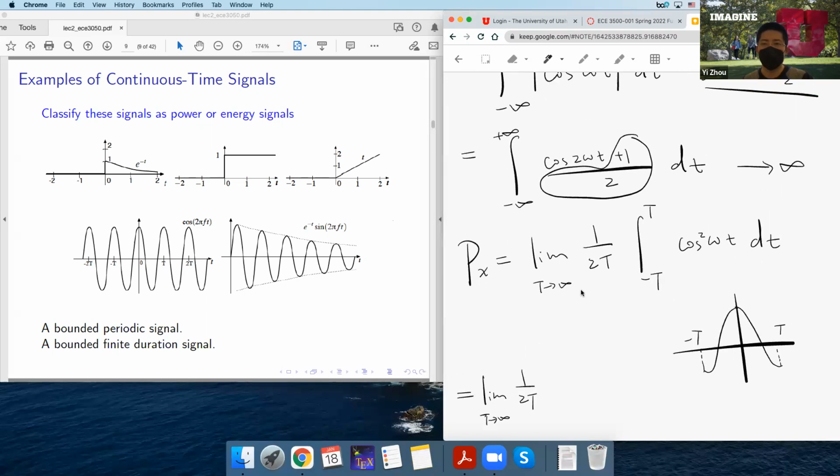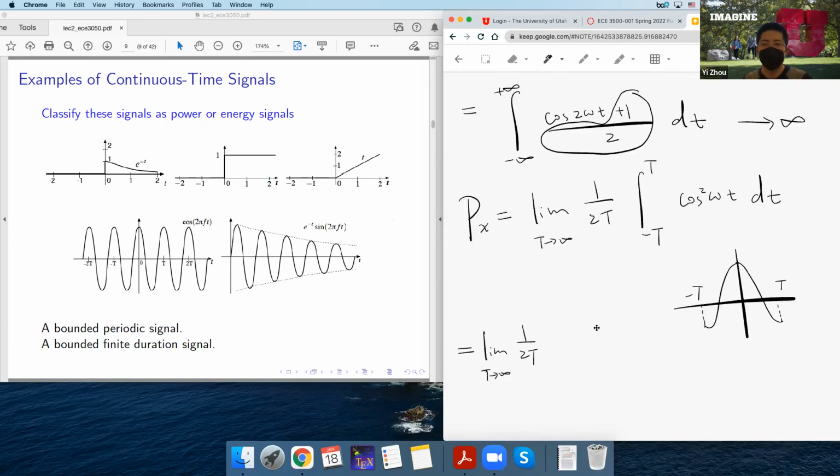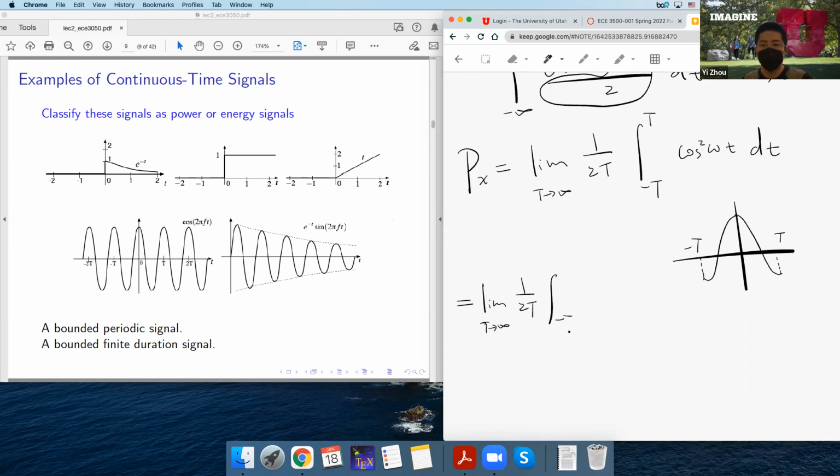So, following this equation, we just showed this one, so we just copy it here. Cosine 2 omega t plus 1 over 2 dt.